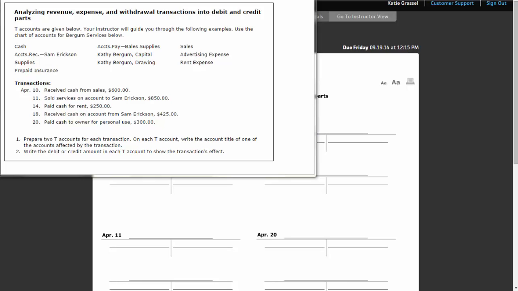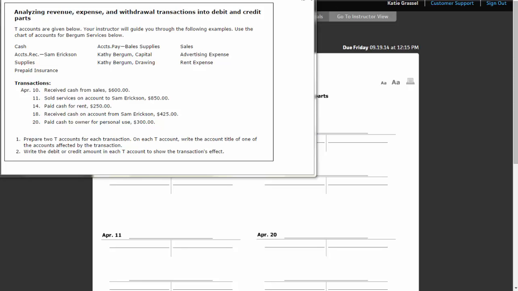Okay? So, April 10th, transaction reads, receive cash from sales. First thing you have to do when you read a transaction is determine your 2 accounts that are being affected. The 2 accounts that are being affected are going to be what, Dylan? Okay, the account is sales.